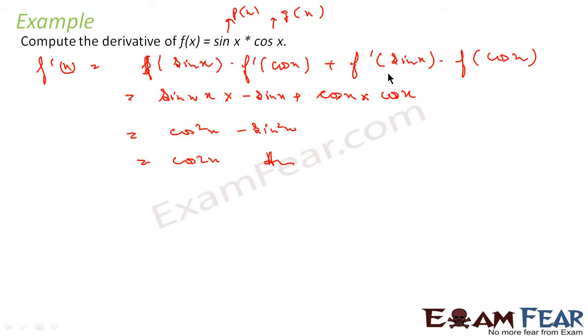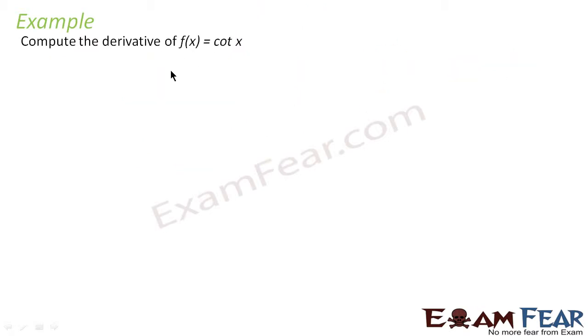What is the answer? Let's take one example. f of x is equal to cot x. Cot x we can write in the form of cos x by sin x, and this I can assume as p x by q x. So for my case, p x is equal to cos x and q x is equal to sin x, right?